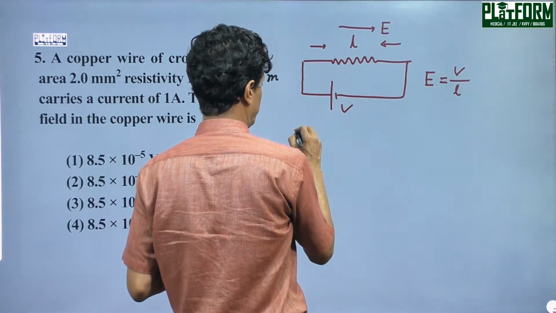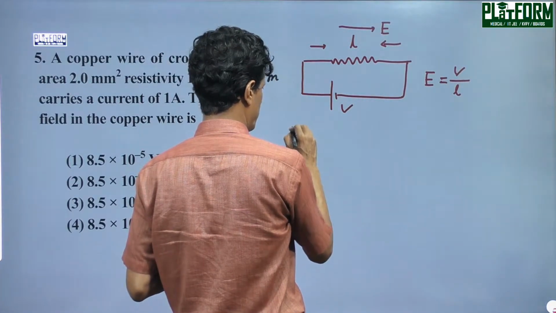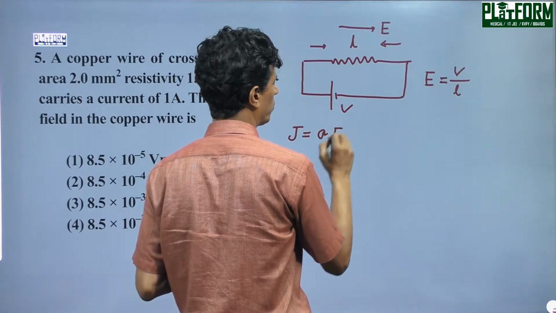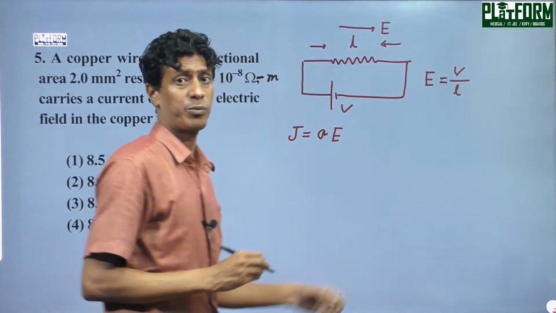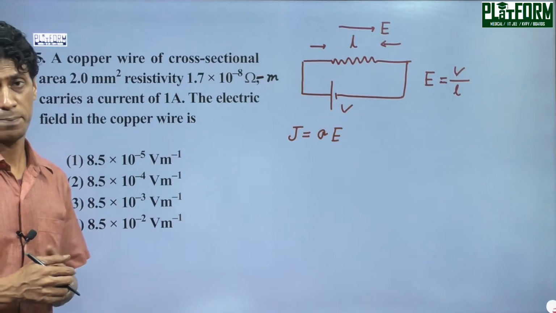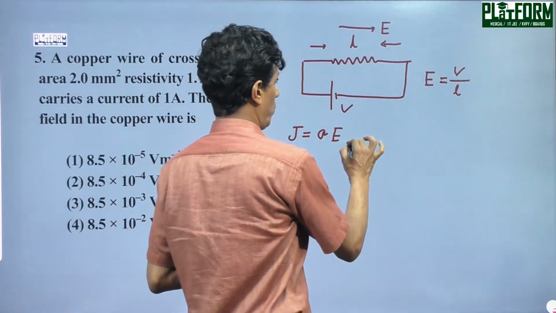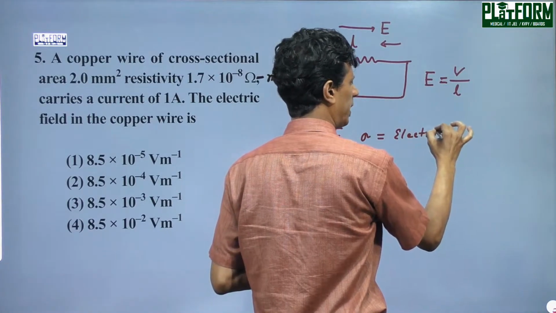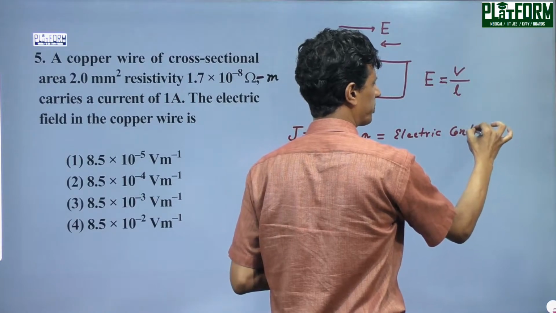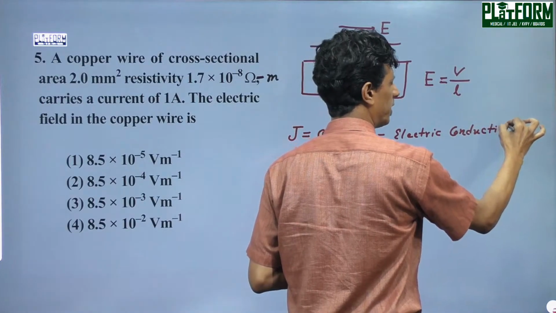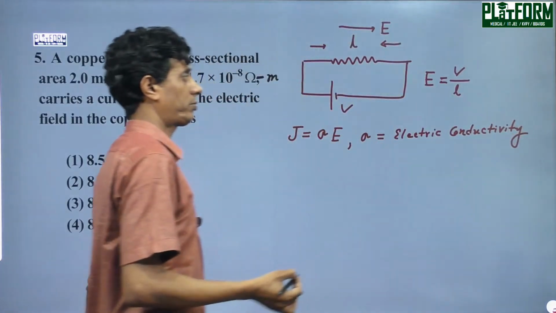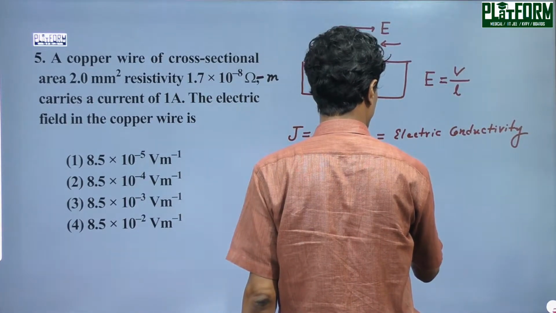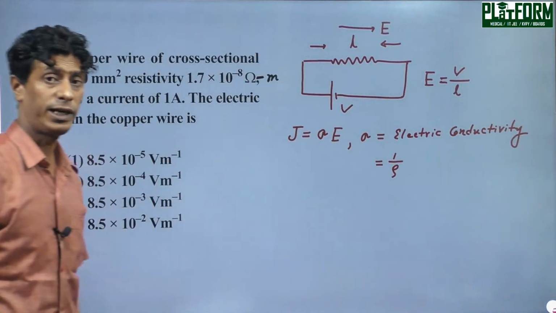And we know J equal to sigma E, that is, current density is directly proportional to the electric field applied across it, where sigma is the electrical conductivity, and it is the reciprocal of resistivity.